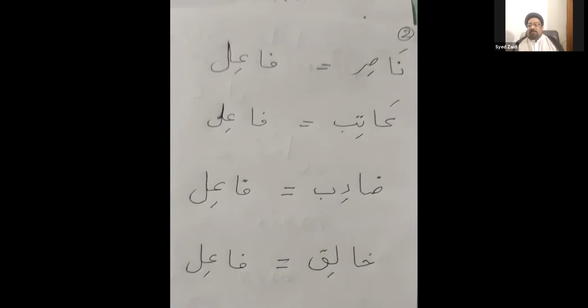How would you know what the meanings are? Well, if you know the meanings of the words from the templatic system, whose basic and bare letters are fa, ain, and lam, and you convert them, and you know the meanings of all of them, we're not going to memorize these now, you're going to memorize all of the templatic words later on.